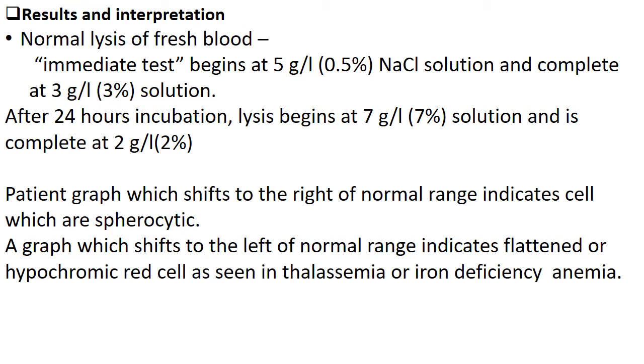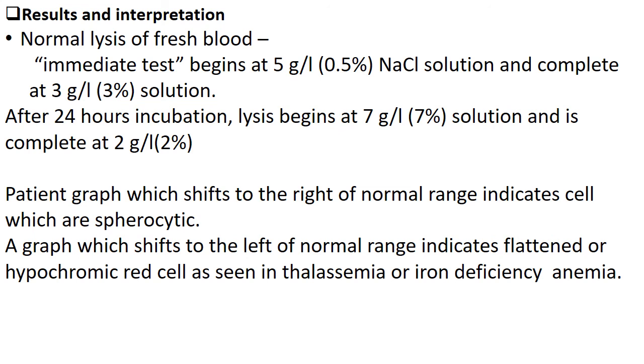A patient's graph which shifts to the right of the normal range indicates spherocytic cells. Sometimes most of the graph falls within the normal range with a small population of cells, that is a tail, outside the range.